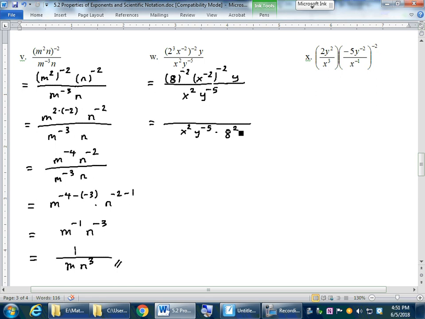And then on the numerator, negative 2 times negative 2, y times y. So this gives us x to the fourth power times y. 8 times 8, 8 squared is 64, x squared, y to the negative fifth.